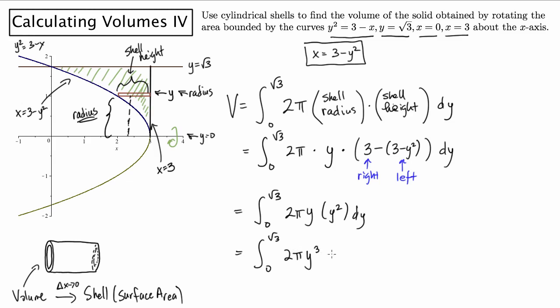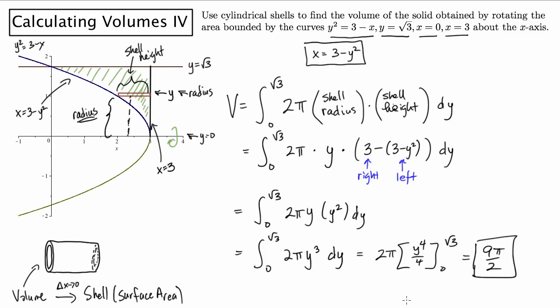So if I was asking you simply to set up the integral but not solve, you would just stop here, but this one seems easy enough to go ahead and carry out. So if I did that, I would end up with 2 pi times y to the fourth over 4 evaluated from 0 to root 3, which turns out to be 9 pi halves. So the volume of the figure that results there is 9 pi halves.